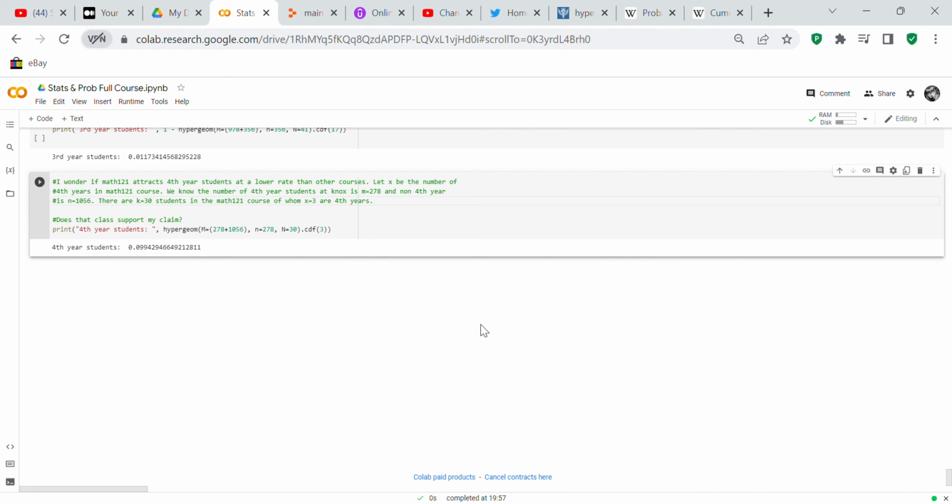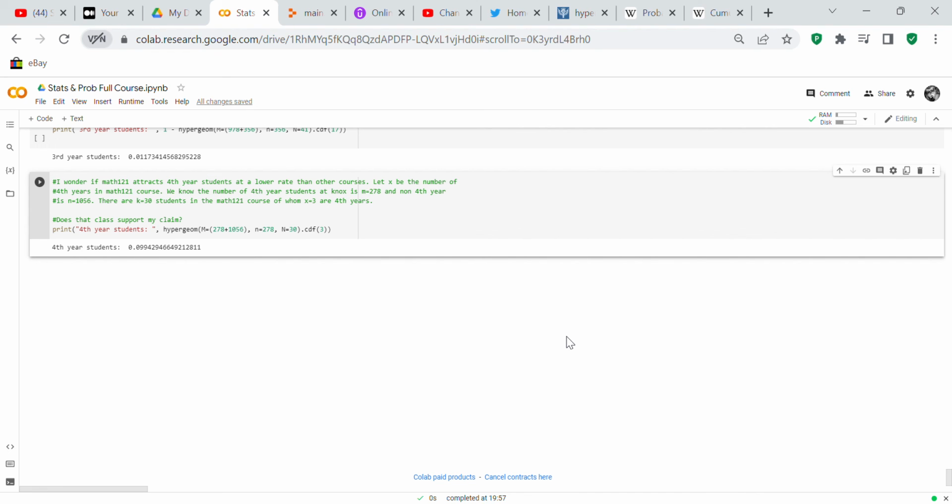We know the number of fourth-year students at Knox is M equals 278, and non-fourth-year students is N equals 1056. There are K equals 30 students in the Math 121 course, of whom X equals 3 are fourth years. Does this support my claim?